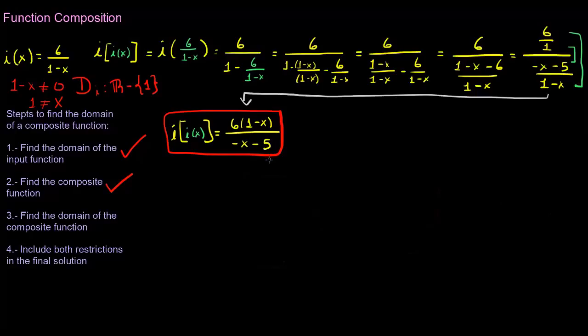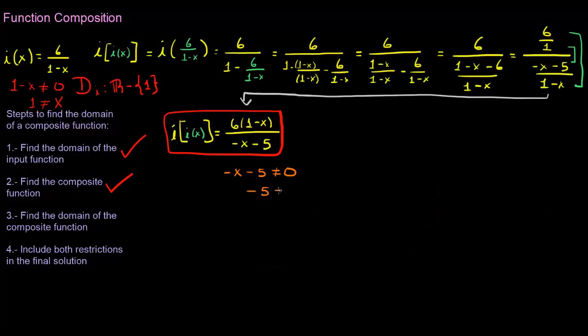So basically it's just like where we started. We have to look for what's in the denominator, because we have a quotient here. Negative x minus 5 has to be different from 0 in order to avoid an undefined situation.